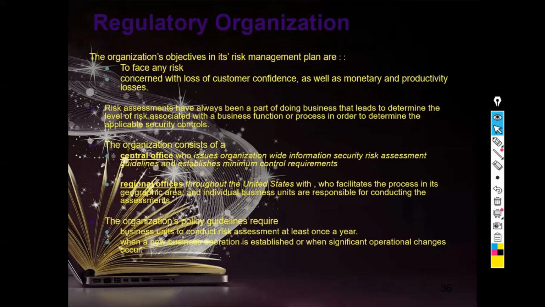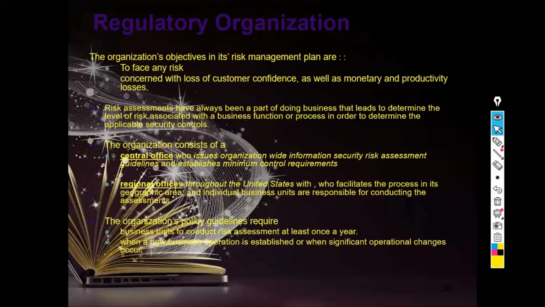The organization consists of a central office and regional offices. What does the central office do? They issue organization-wide information security risk assessment guidelines and establish minimum control requirements. This is the role of the central office. Regional offices throughout the US facilitate the process in their geographic area and the individual business units, and are responsible for conducting the assessment.